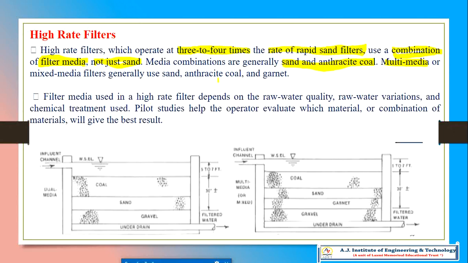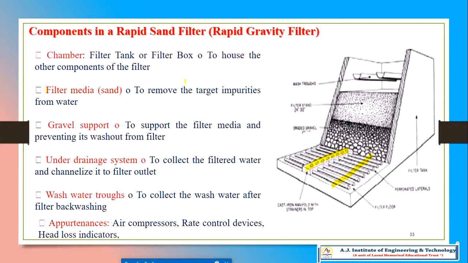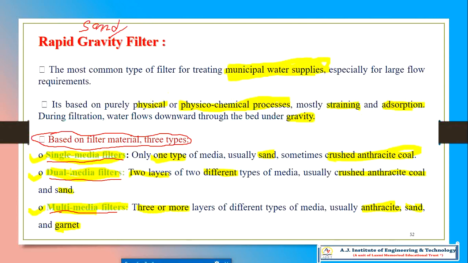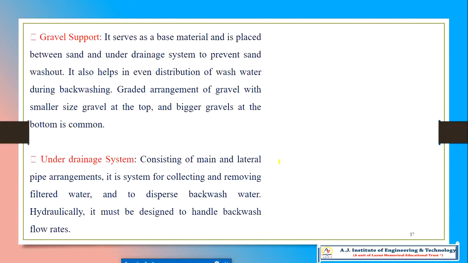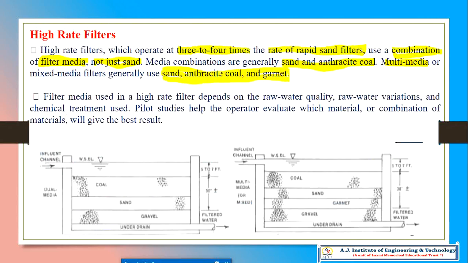Mixed media, or we can call it multimedia. In the classification I explained what mixed media is. You can go to the first one, where mixed media, multimedia and dual media are. Dual media means anthracite and sand. Multimedia or mixed media is generally sand, anthracite coal and granite. This is a high rate filter.